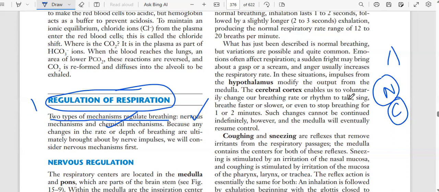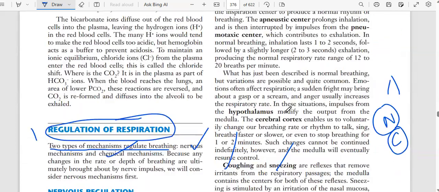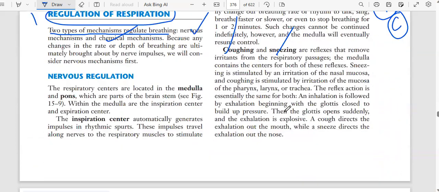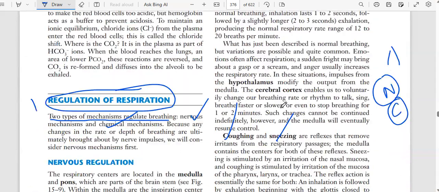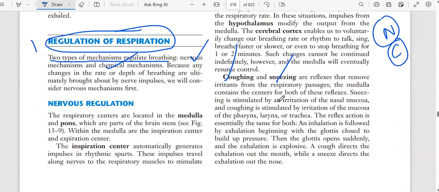And other things will happen like coughing, how the cough is generated, sneezing. These are the things going on in the background. Cough will not happen continuously, but it is also a process of respiration.